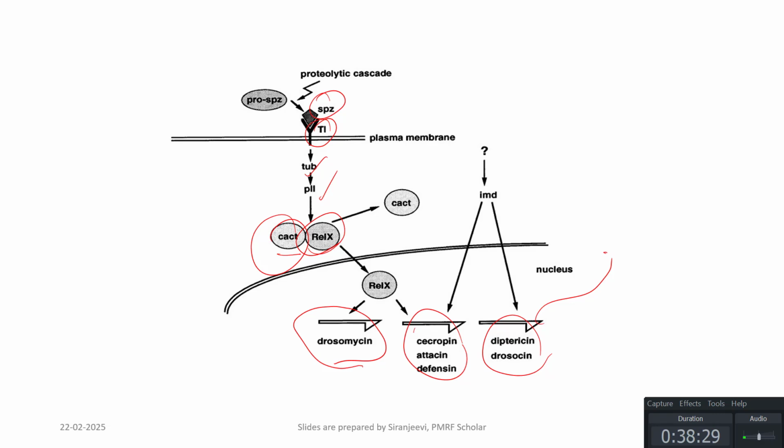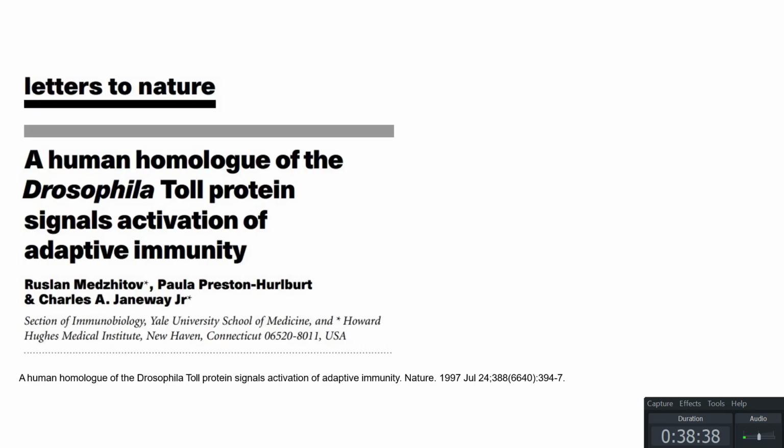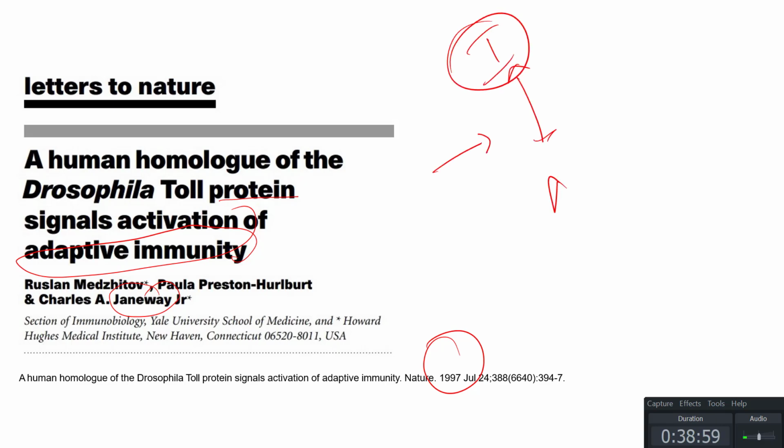So this will go and then kill the pathogen. Okay. Then there was one more paper that came in 1997. They wrote that the human homologue of the Drosophila Toll protein signals activation of adaptive immunity. That is from the Janeway lab only. They wrote it in Nature. So they tried to show that there is a link between innate and then adaptive immunity.